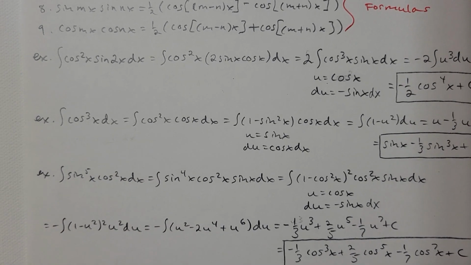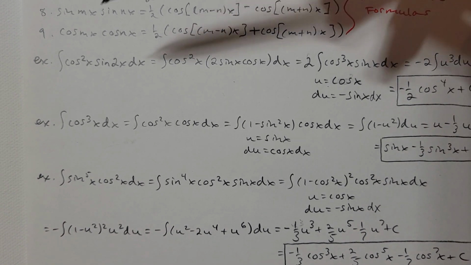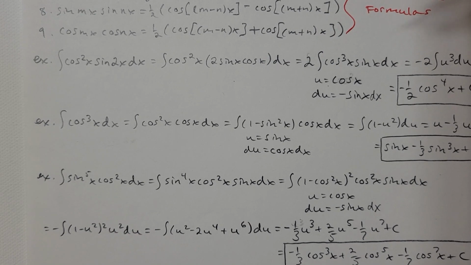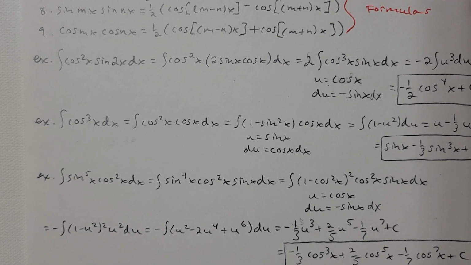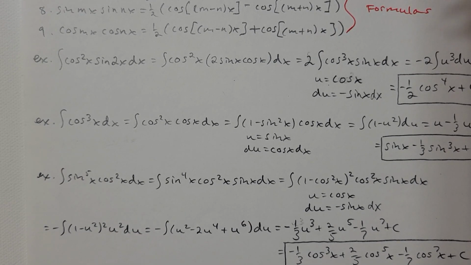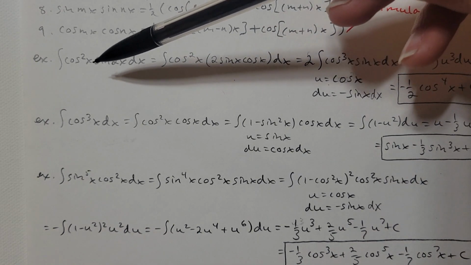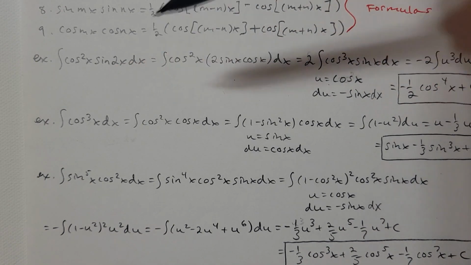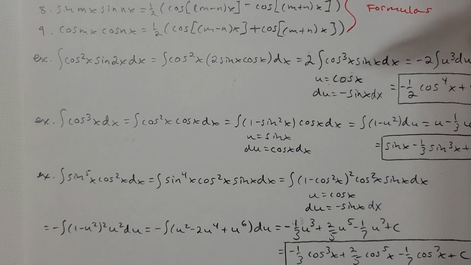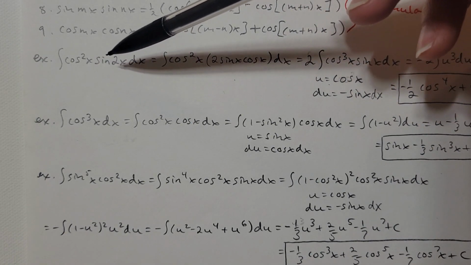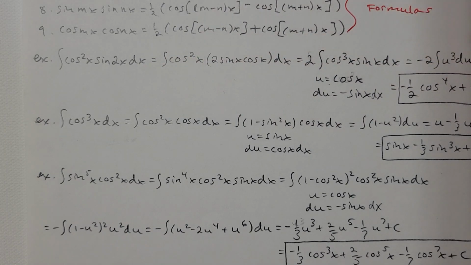Suppose that we want to integrate cosine squared x times sine of 2x. Well, it would be nice if I had all single angles or all double angles. Here there's a single angle function and there's a double angle function.